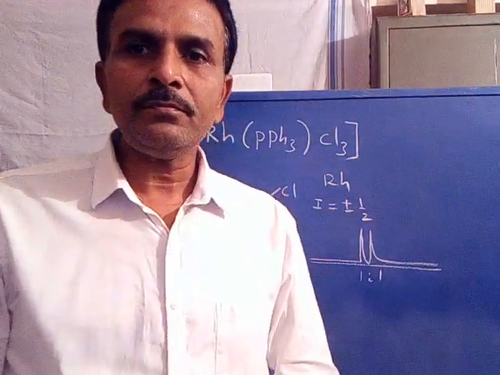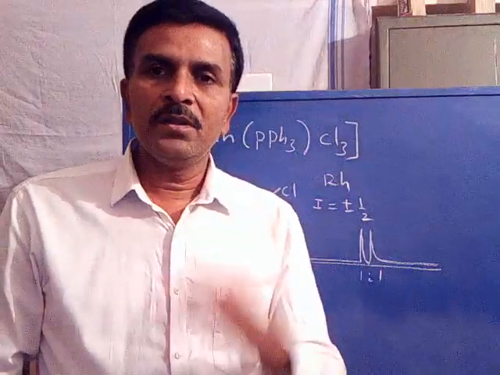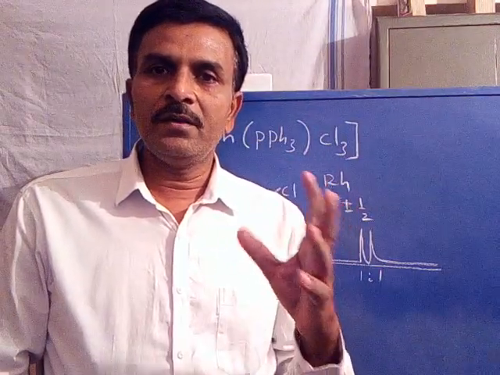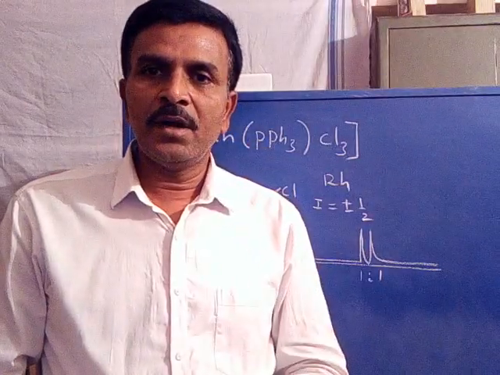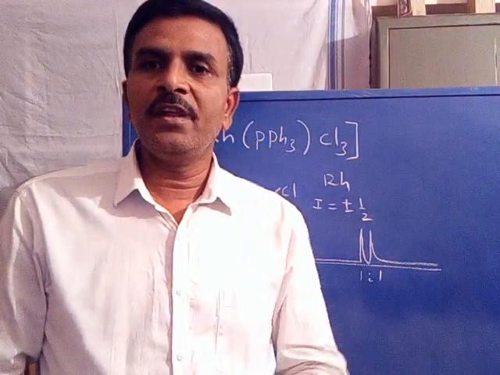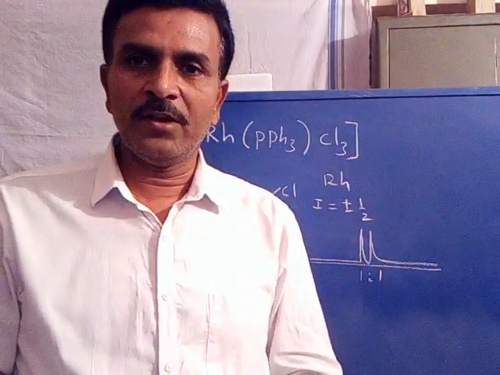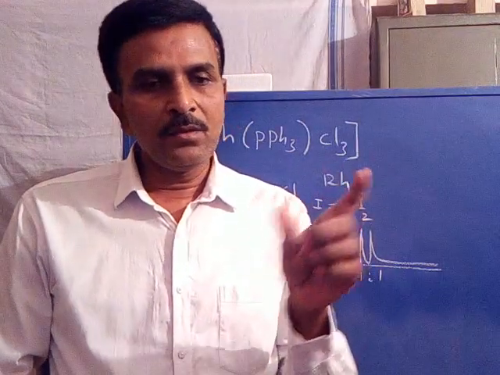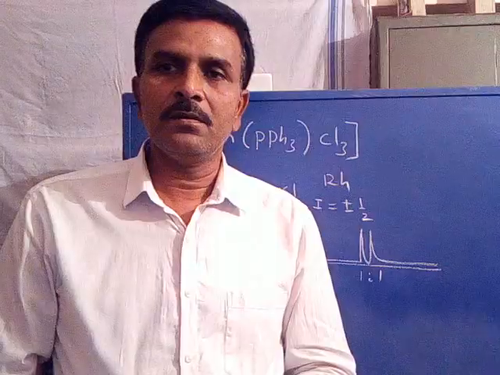Then we learned about fluxional molecules, fluxional behavior, and a few examples under the fluxional behavioral study with the help of NMR spectroscopy. So this is the part of NMR spectroscopy. The total syllabus will be discussed.